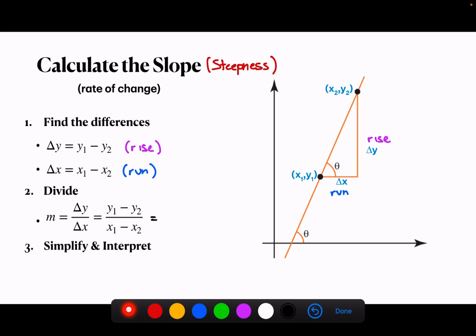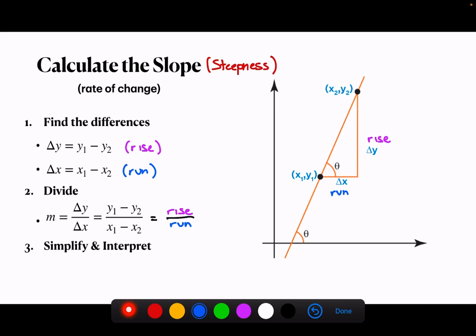So in reality, we can simplify this by just saying rise over run. Once we've done that, we're going to end up with some sort of fraction, and we want to simplify that fraction to its most basic form. It might still be a fraction once we simplify it, or it might be a whole number or some natural number.